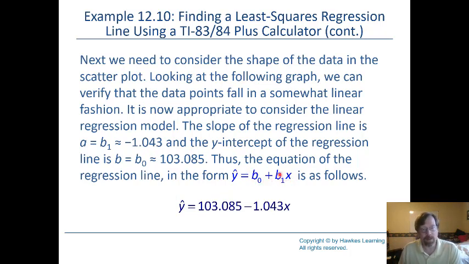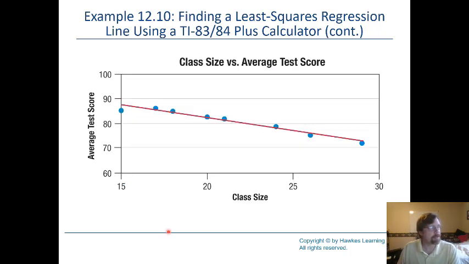So b1 is clearly a, b0 is clearly b. So there's our a value, negative 1.043, and our intercept was 103.085. There's our equation. If we plot this, there's our scatter plot of the data, and there's that line we just calculated. And that seems like a pretty reasonable fit.